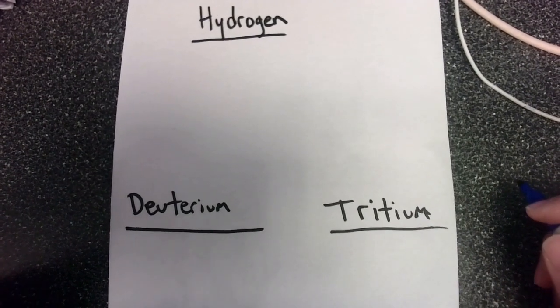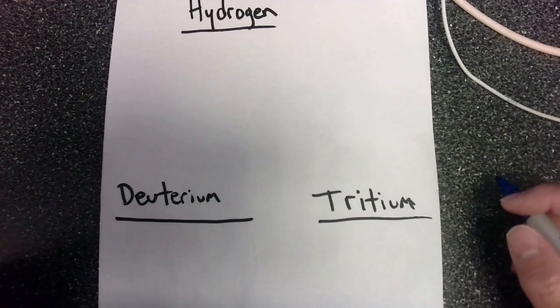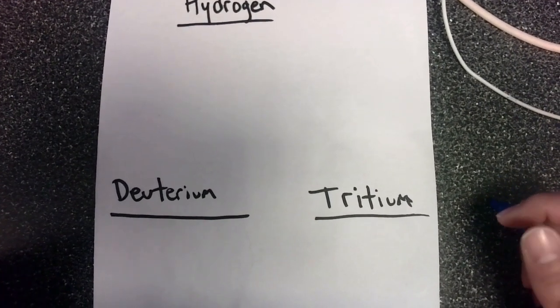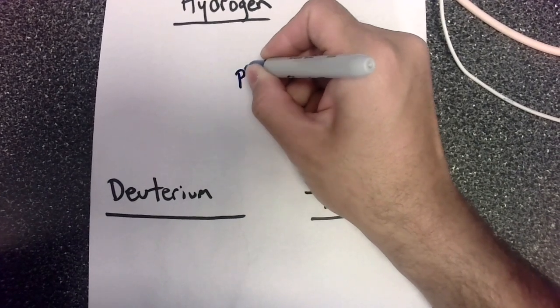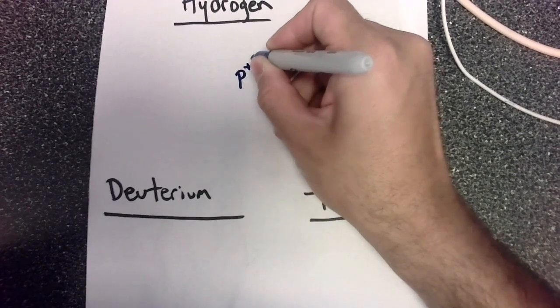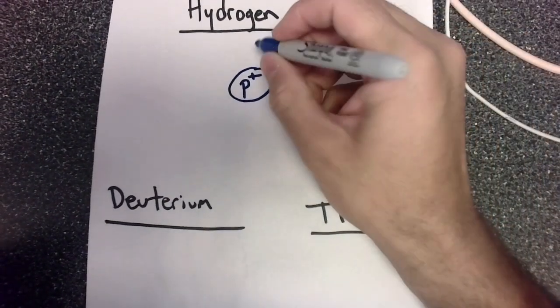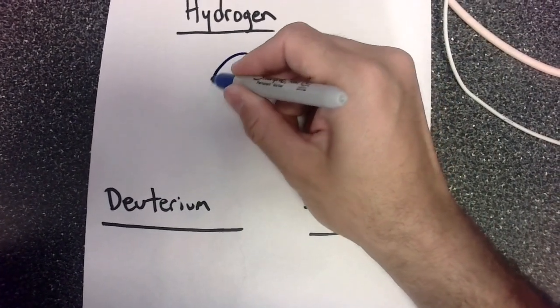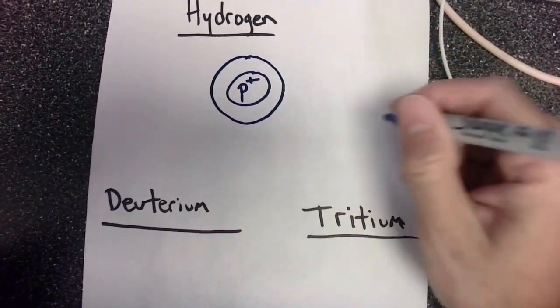So hydrogen is composed of one positively charged proton in the nucleus and one negatively charged electron in its first shell here.